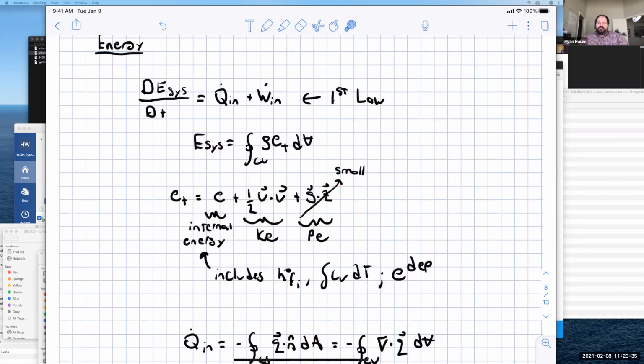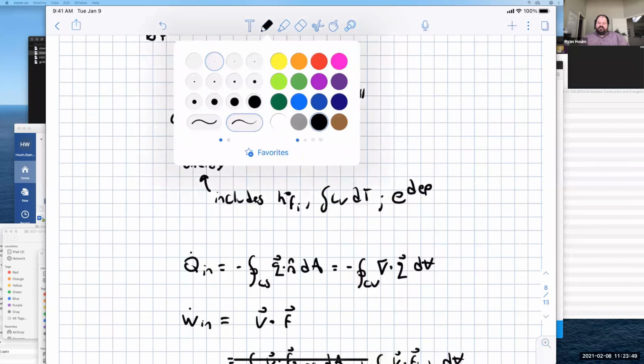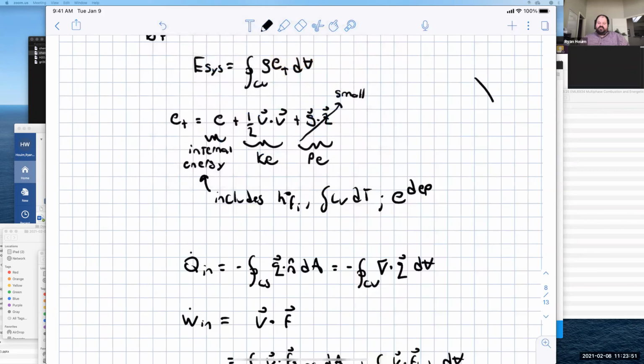Okay, and Q dot in, if you remember from your heat transfer, is just minus the integral of Q dot n hat dA, because you have your control volume, and you have n hat, and you have your Q vector going in. That's fighting n hat, and so that's why there's this minus sign here.